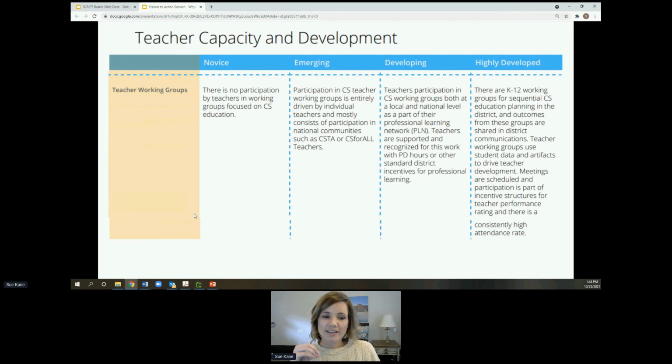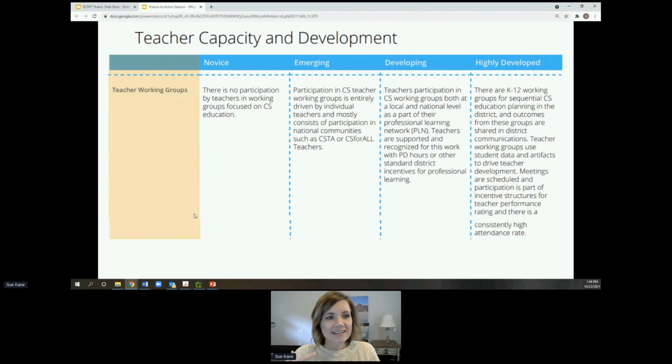If it's emerging, all you have to do to get to emerging is one team, one set of teachers, those 2nd grade teachers at that elementary, or those high school math teachers, get together and they have a conversation about it. There's no requirement that it happens at every building in the district at this level. We are looking for bright spots in isolation to get to emerging.